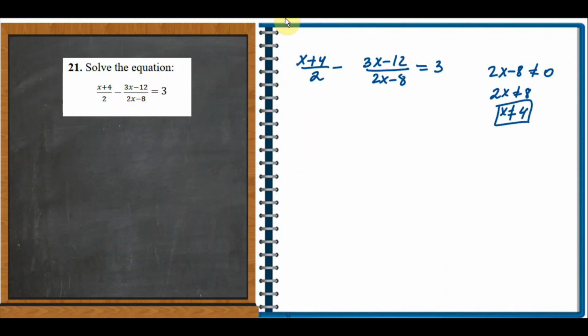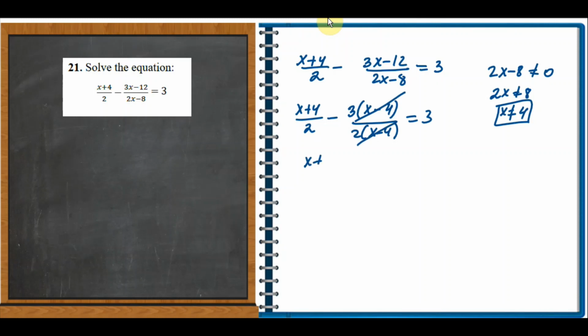After writing it, we can solve our equation. First of all, you can multiply by the common denominator, but let's see what happens if we factorize the second term. 3 multiplied by x minus 4 over 2 multiplied by x minus 4 is equal to 3. As you see, we can cancel them out.